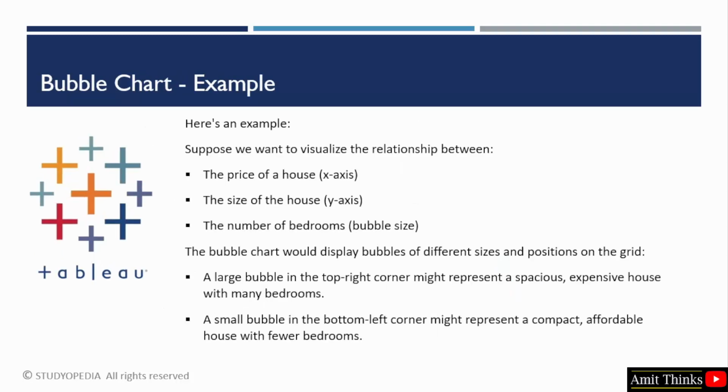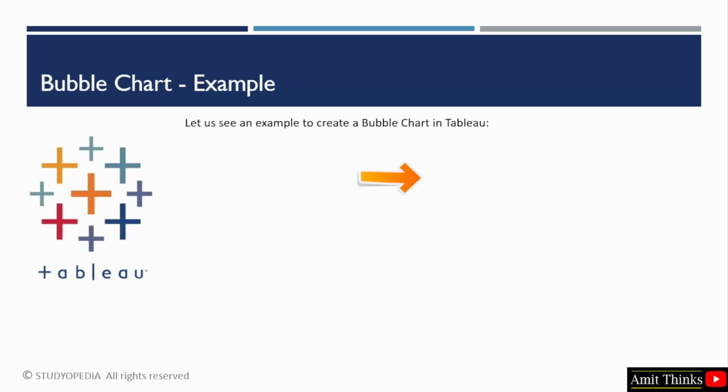A large bubble will represent, let's say, a spacious and expensive house with many bedrooms, and a smaller one will have fewer bedrooms. So let us see an example related to our sample store so that we can understand bubble charts in a better way. We will visualize sales data across different shipping modes in Tableau for our sample superstore.